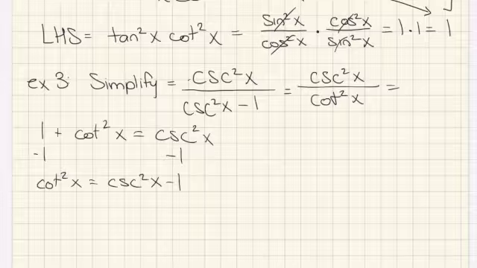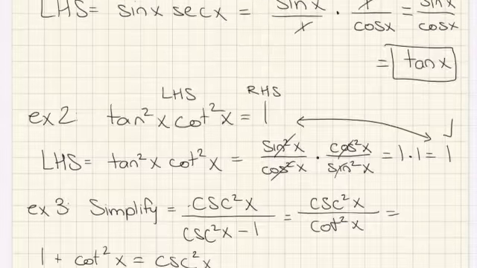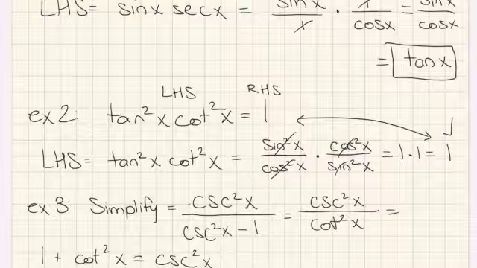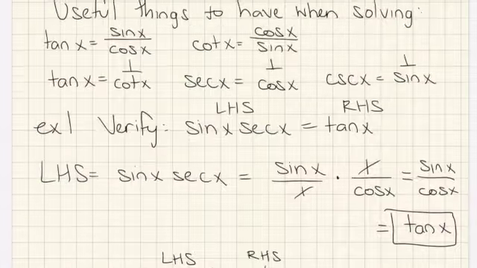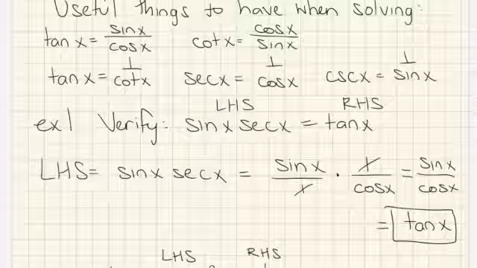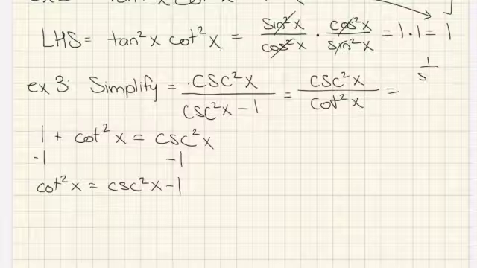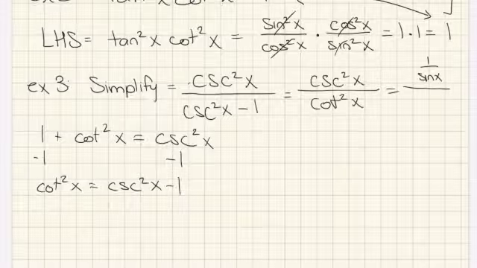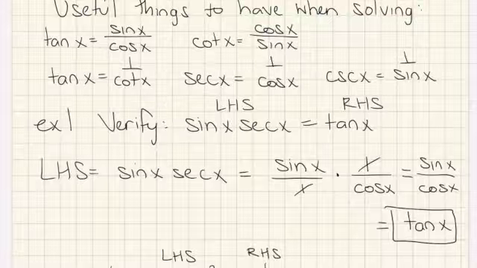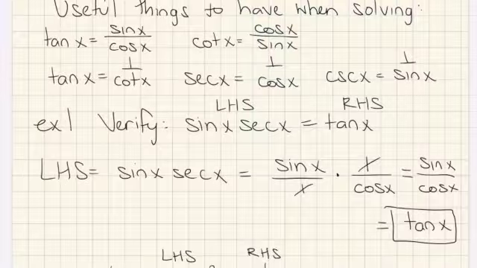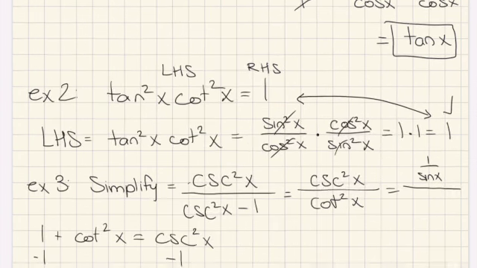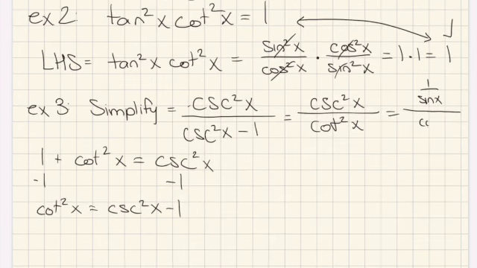Moving forward, now that we have this, we can simplify the numerator and the denominator into simply having sine and cosine. So going back to our list of things, we have cosecant squared of x, which is 1 over sine squared of x. So now that's what will be in our numerator. And then in our denominator, we will be replacing cotangent squared of x with cosine squared of x all over sine squared of x.